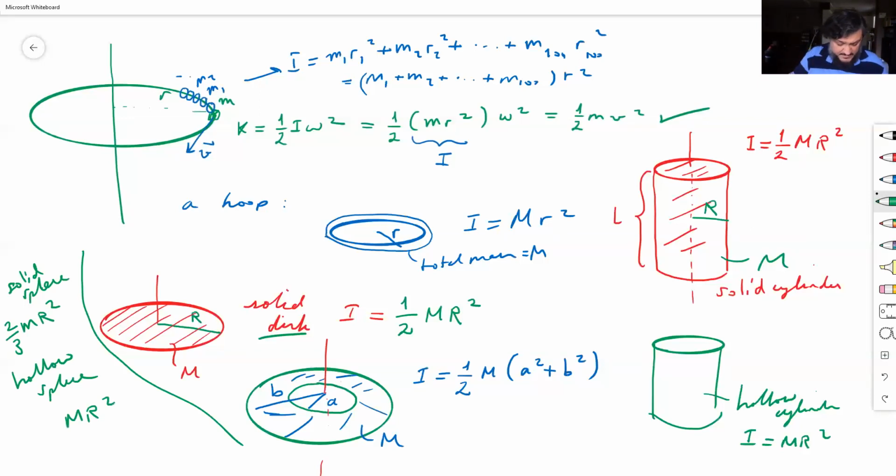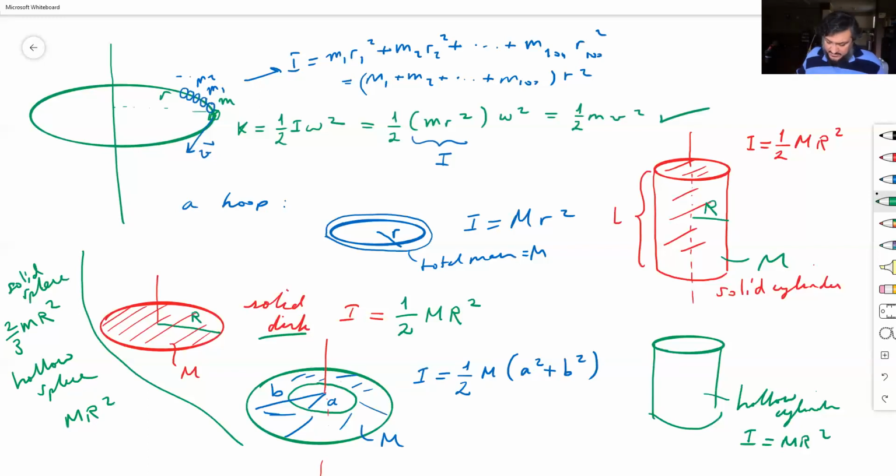So we're talking about 2/3 and 2/5. What was it? Rotation. So uniform sphere, 2/5.